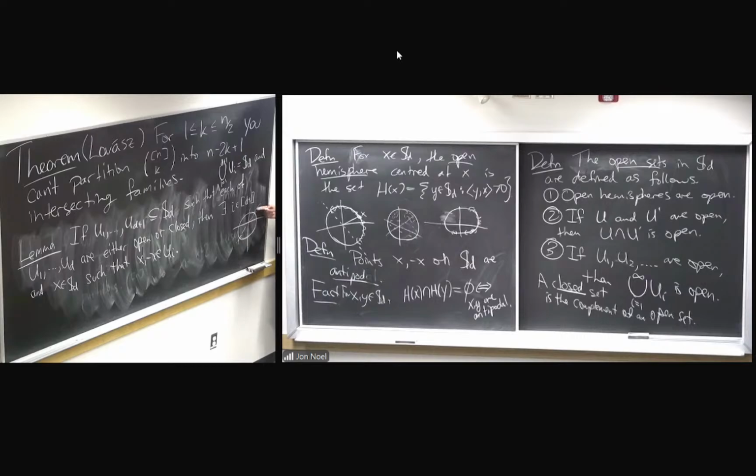But then the complement is going to contain those antipodal points. So no matter what you do, you just can't do it. Anyway, if we've got time at the end, I'll prove this. I'll derive this from another topological result, which we won't prove. But let's just assume this for now. Any questions about this statement?